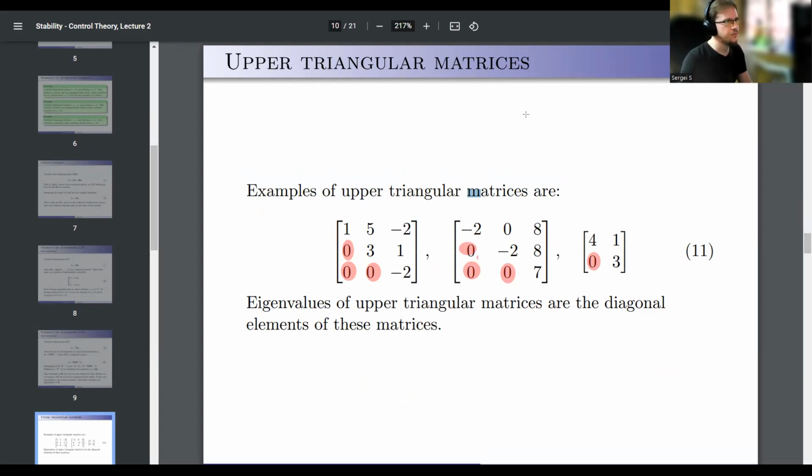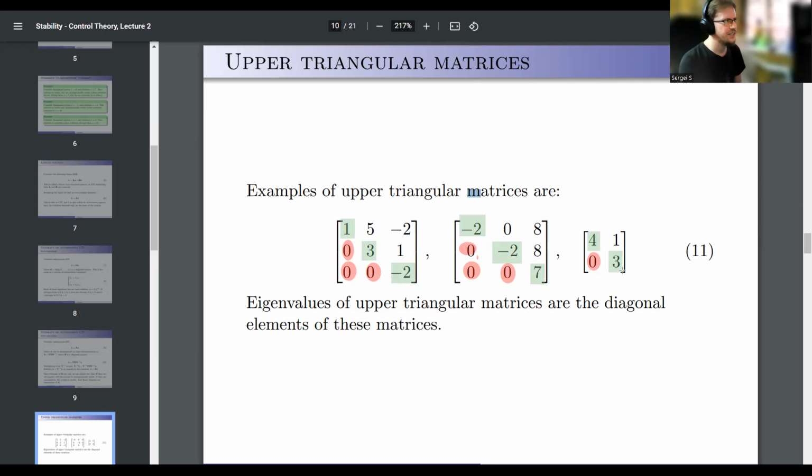Okay. So for upper triangle matrices, the eigenvalues are the diagonal elements. So these are the eigenvalues. Good.